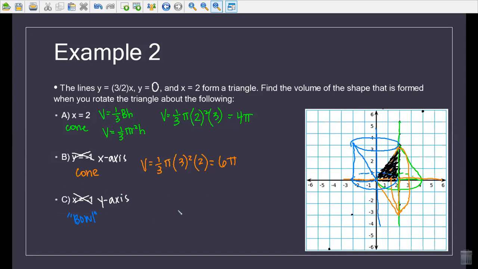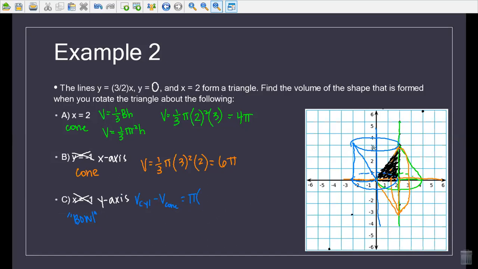All right, so to find the volume, I'm going to have to take the volume of the cylinder minus the volume of the cone, because that cone is like the hollow part, it's open. So the volume of a cylinder is pi r squared h. So that's going to be pi.